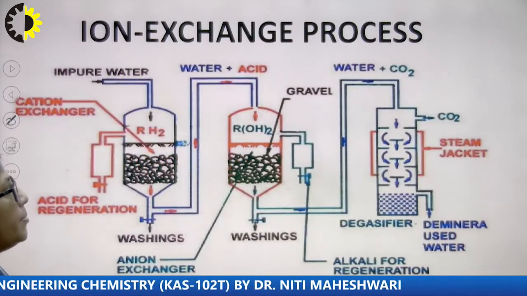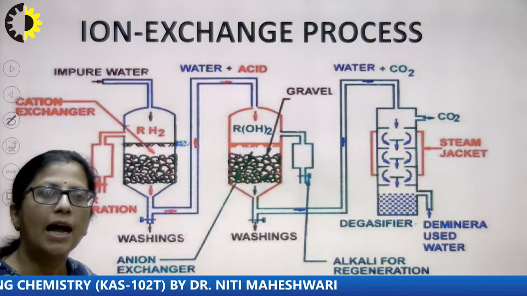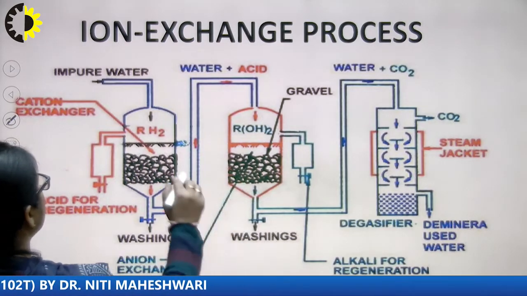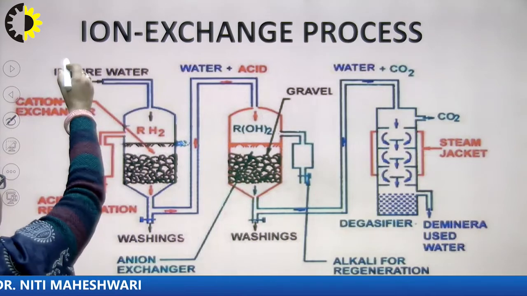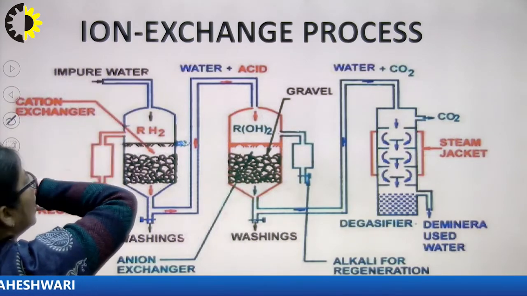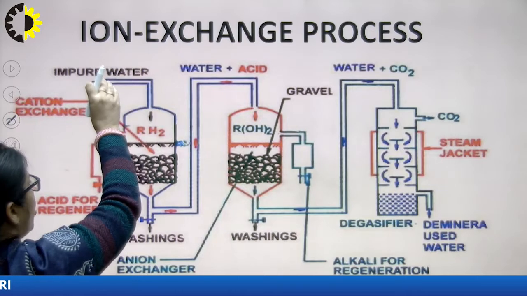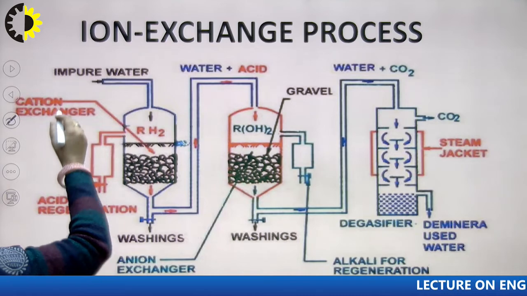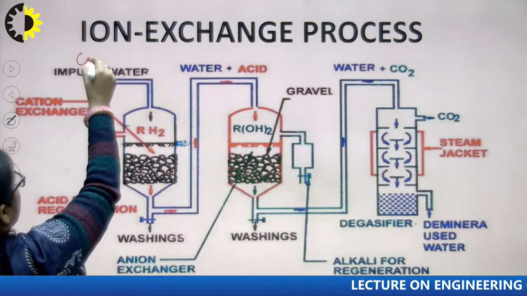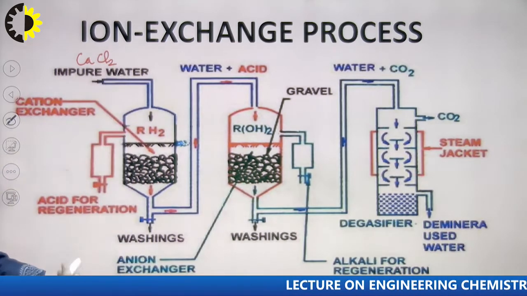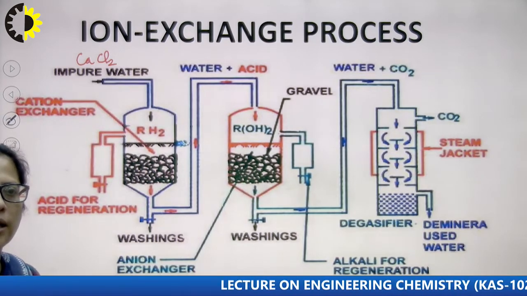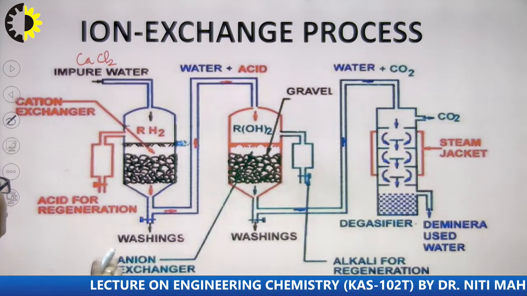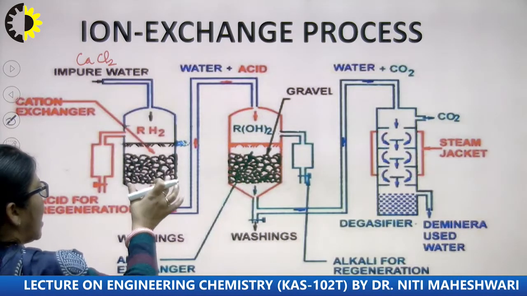Now, this is the process for the ion exchangers. What I do here is pass impure water. I take hard water containing different salts which produce hardness in water. For example, I am going to take again the example of calcium chloride. Suppose my hard water contains calcium chloride. This is the impurity which is present in water. Now, I pass this impure water first through the cation exchanger.